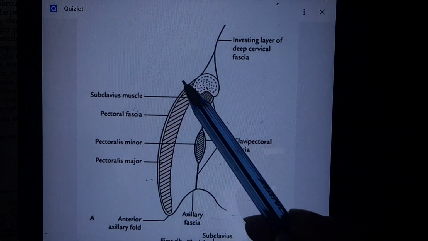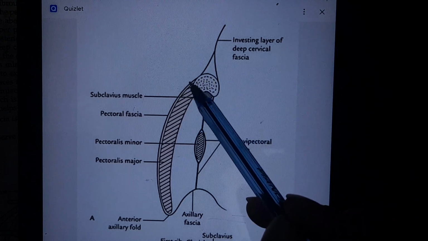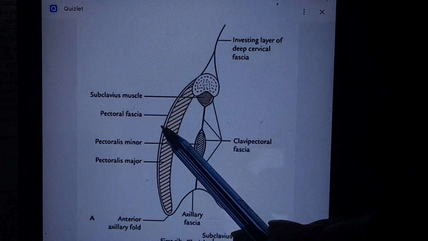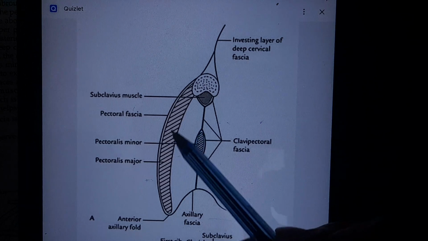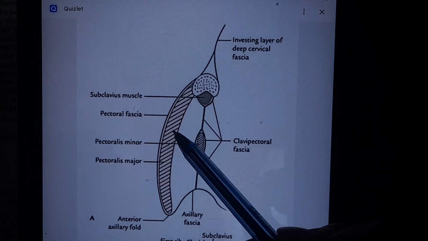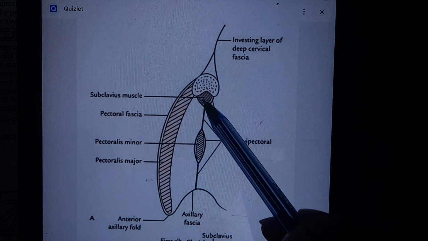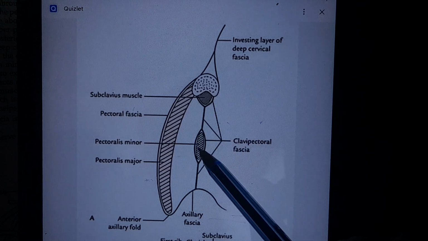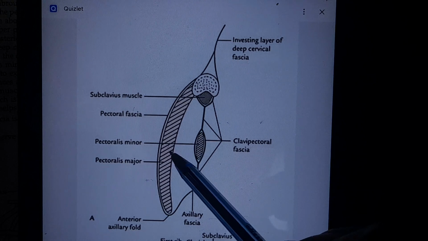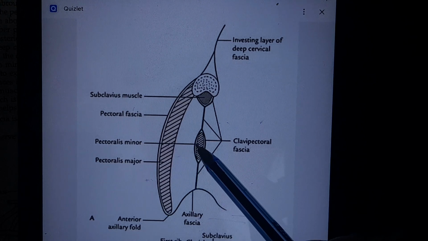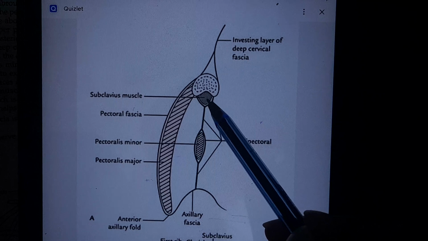So what you can see over here, this was your fascia, the deep fascia or the pectoral fascia, and behind the pectoral fascia you had this pectoralis major muscle. Behind the pectoralis major muscle, this was the subclavius muscle. This was the pectoralis minor muscle. Major on the front, minor on the back side, the subclavius on the superior side.